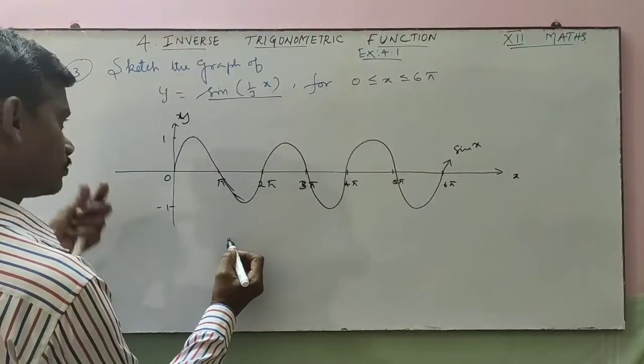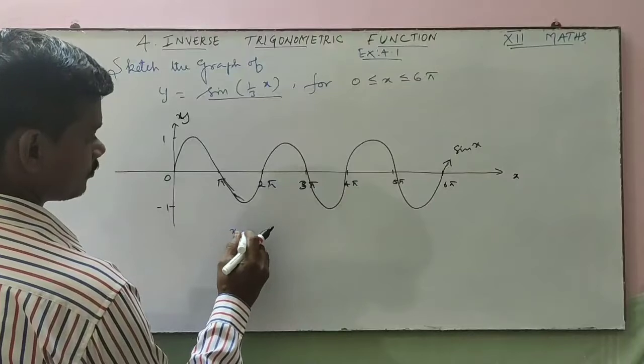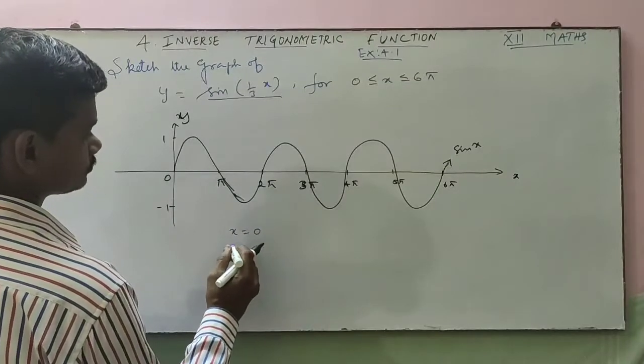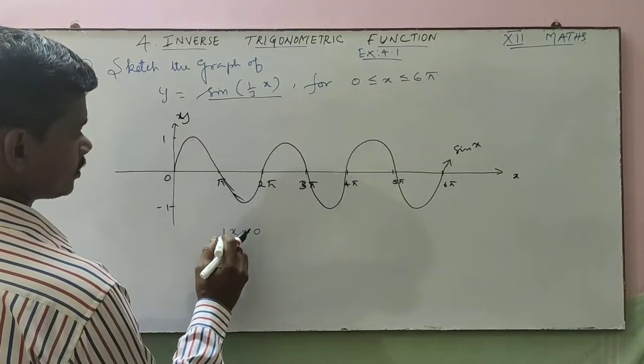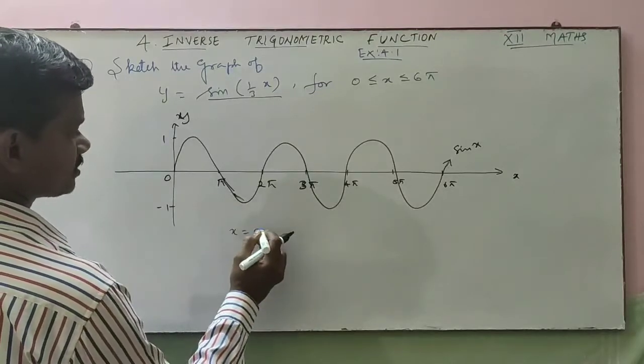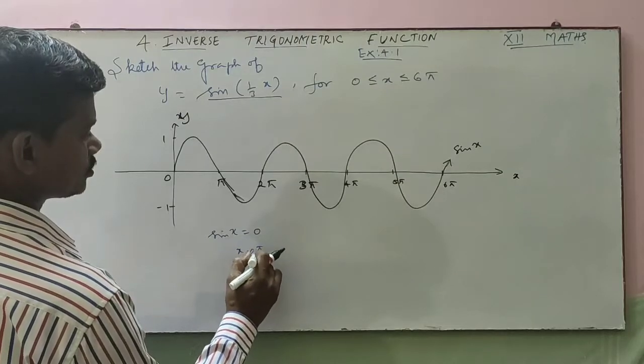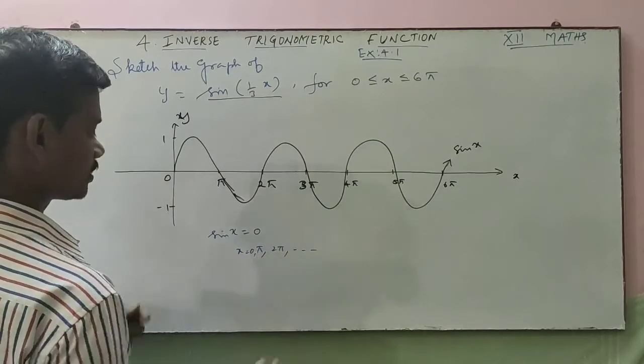So I have to find the period for sine 1 by 3x. For sin x equal to 0, x is equal to 0, pi, 2 pi, like that.